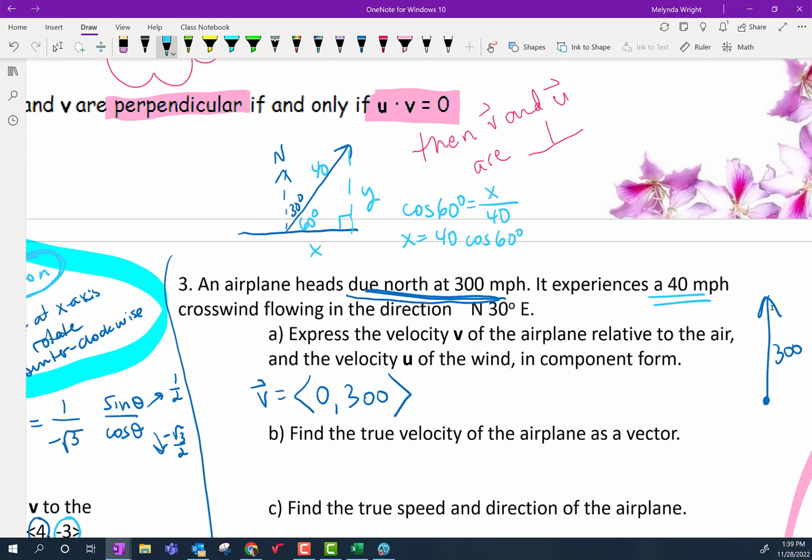We know cosine of 60 degrees is a half, so it's 40 times a half. So my x component is 20. So vector u has x component of 20. Okay, so we're just using right triangle trig. Is everybody okay?